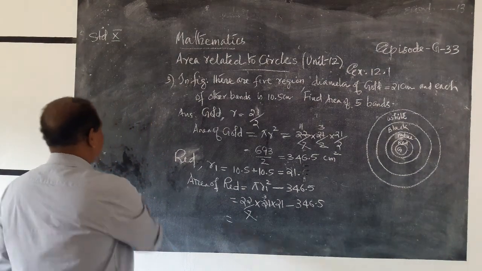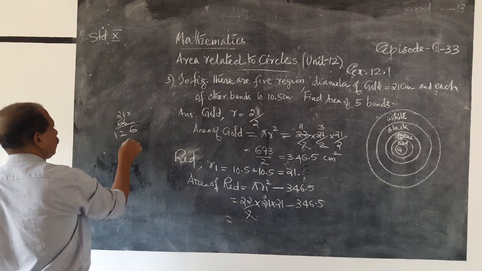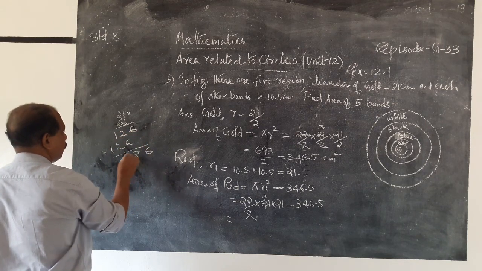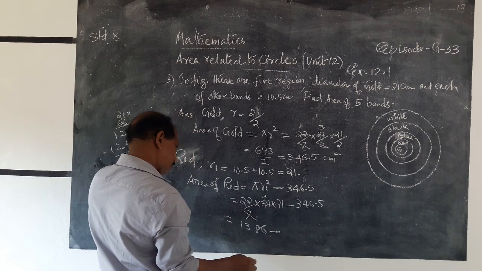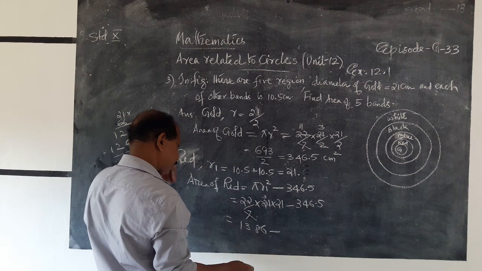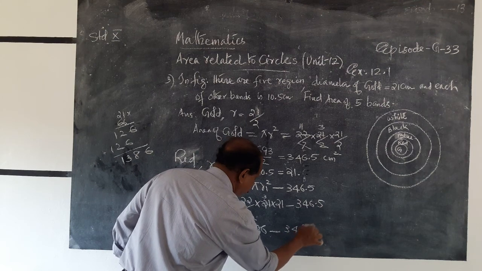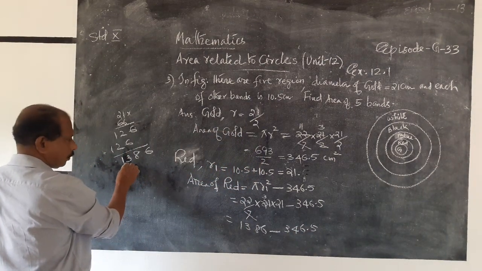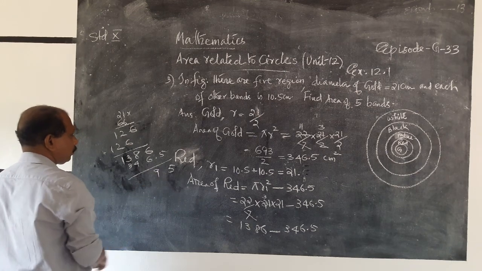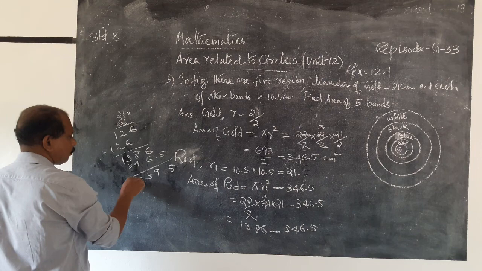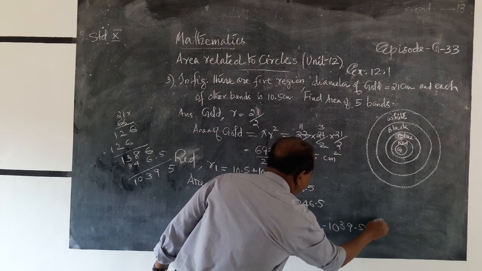Then 7 3s are 21, 21 into 66. So equal to 1386 minus 346.5, which is equal to 1039.5 centimeters square.